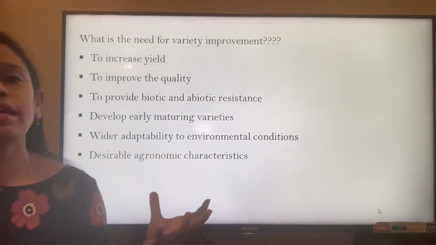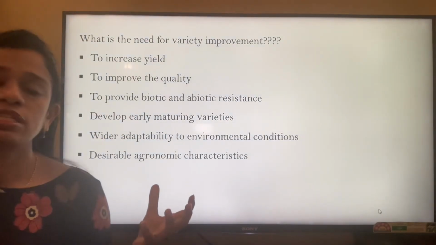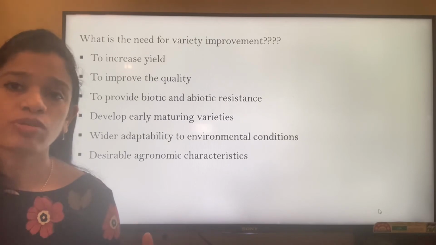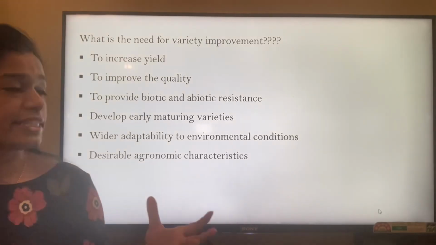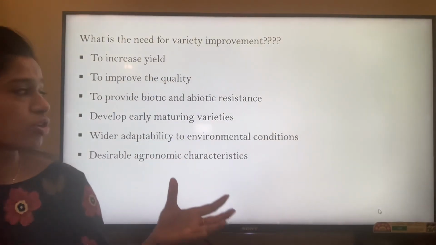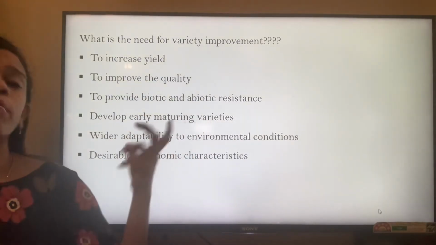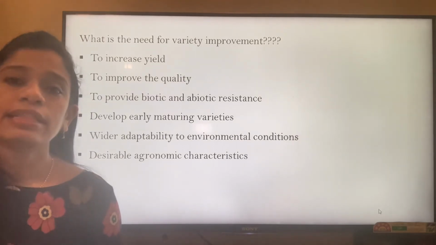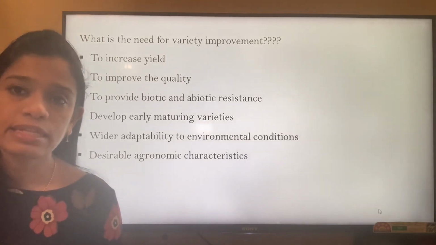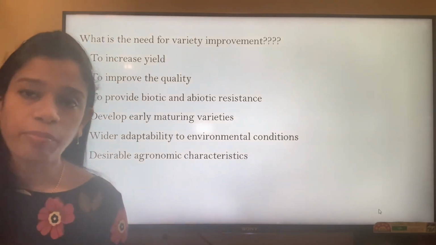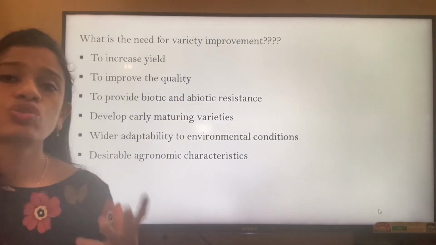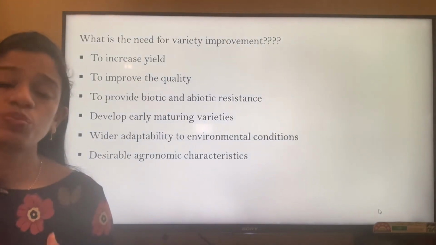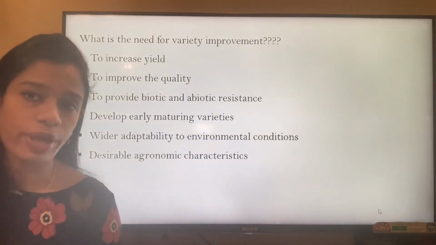When we talk of biotic resistance, it includes insects and pests, which are living organisms, and microorganisms which cause diseases or which cause harm to the crops. And abiotic resistance is against things like salinity, water scarcity, excessive temperature, and soil infertility.